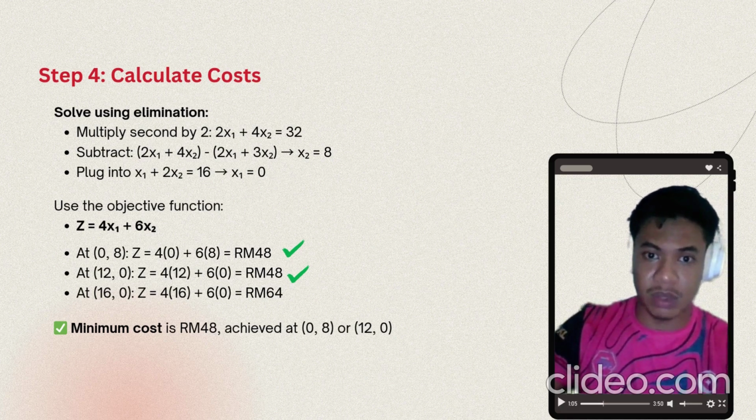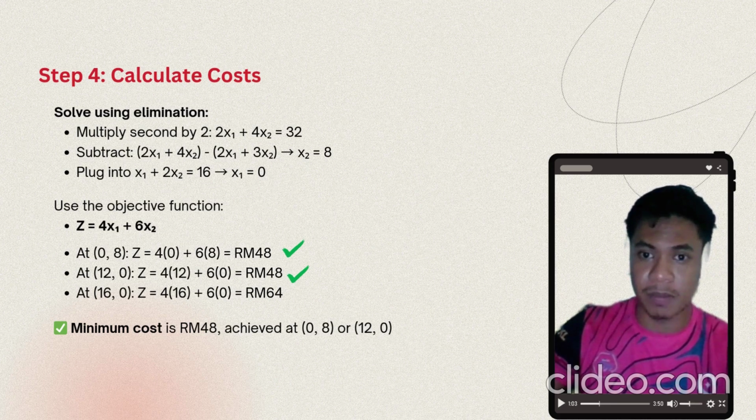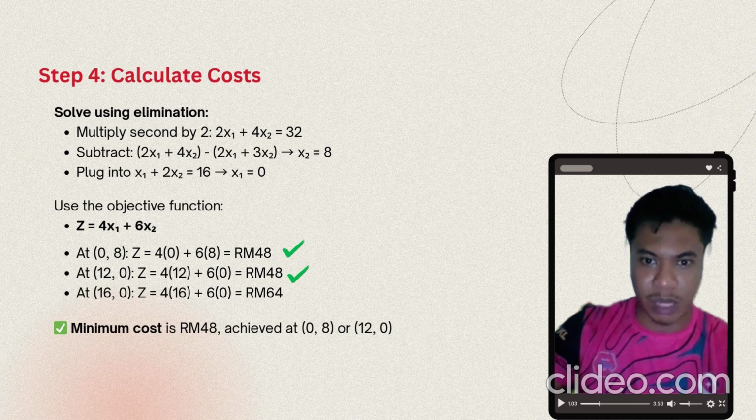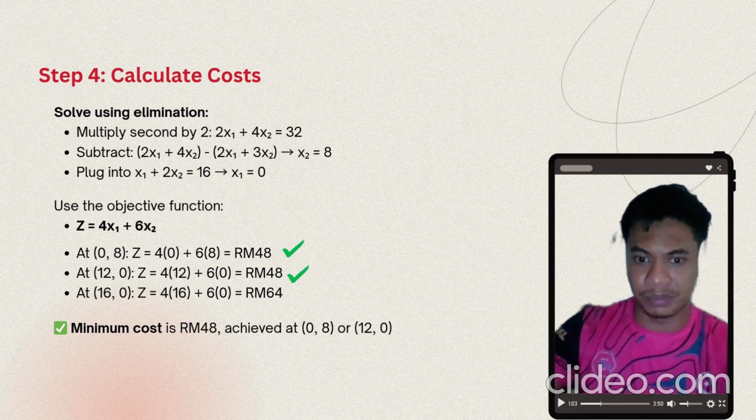As you can see, the lowest cost is lunch A, but the one with more nutrition is lunch B, so we achieve the goal with lunch B. That's all from me. Thank you.